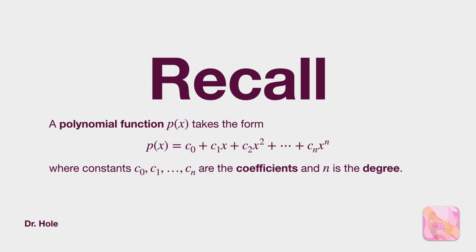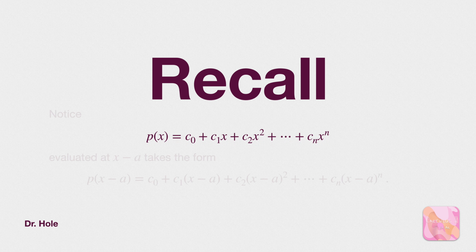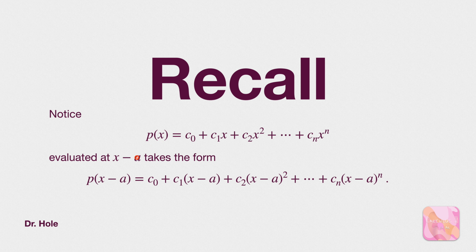Here we're looking at polynomial p as a function of input x. If we were to change out the input x for a translation of the x, namely x minus a, then the right-hand side is equally adjusted by swapping out x for x minus a.